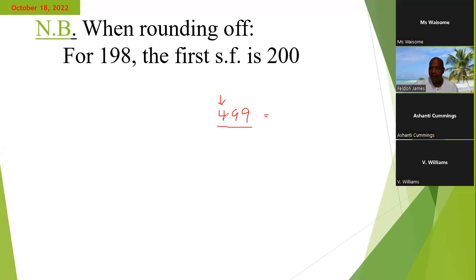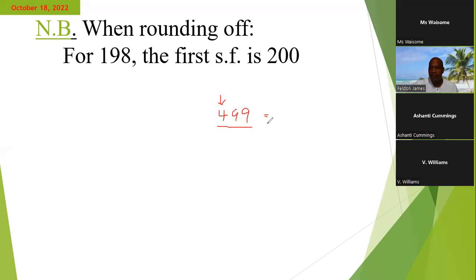Yes, sir. 400. This 9 would be 90. So based on the place values, they are in different positions, but they are all significant just the same. But when we are focusing on the 4, it means that these two values have to get zeros as placeholders for them. It's just the same as how we are rounding off whole numbers.